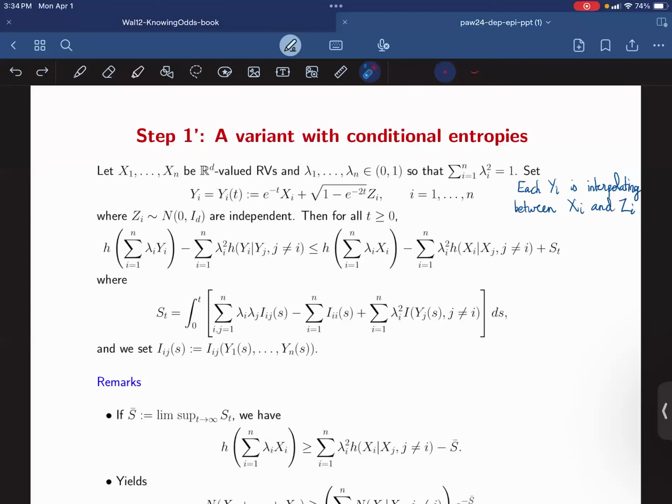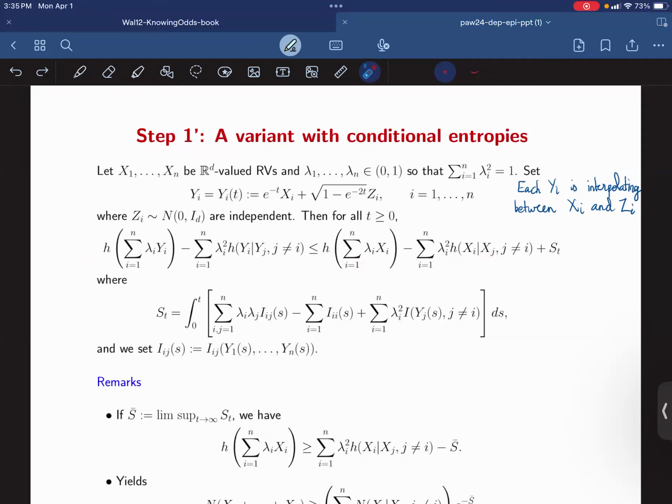So the linearized form of the inequality that we want to show says that if you look at the entropy of this linear combination of the yi's, so the yi's have this hidden parameter t, right, minus the sum of lambda i squared times the conditional entropies, the conditional entropies that we were interested in, of each one conditioned on all the rest, then this difference is less than or equal to the starting difference at time 0.